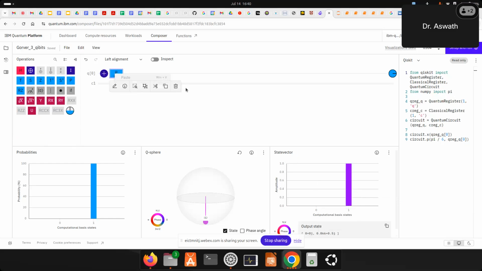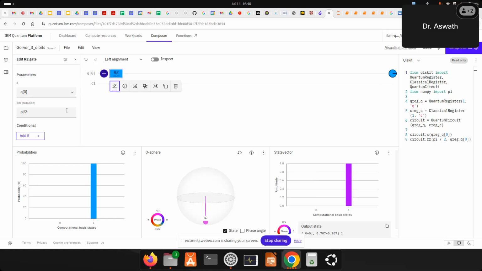Right now, let me remove that. And there is an RZ gate. What it does is, about the Z axis, meaning the north pole axis, you want to rotate a given quantum state by some angle. What angle right now? By default, it is pi by 2 angle. Okay. About the Z axis, you want to rotate a quantum state.